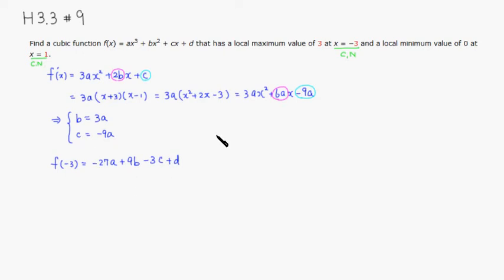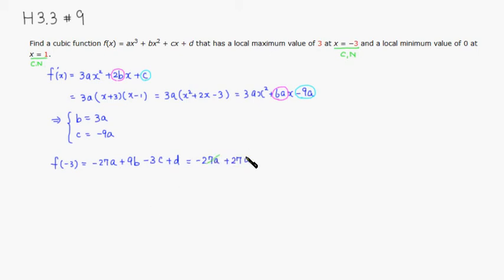So let's rewrite that. This is equal to -27a, which is already in a. For 9b, you multiply 3a by 9, so that's plus 27a, and they actually cancel out.